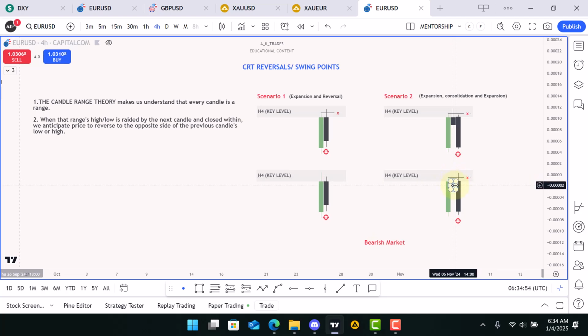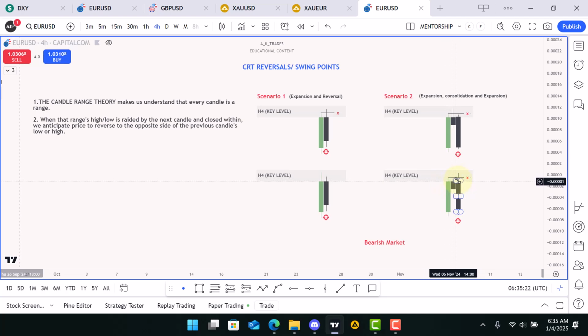Now, in this case, you realize that on the lower time frame, that is on our 15-minute chart, there will be no reversal signature or confirmation. There will not be any market structure shifts or change in state of delivery. When this happens, all you need to do is wait patiently for candle 3's open.